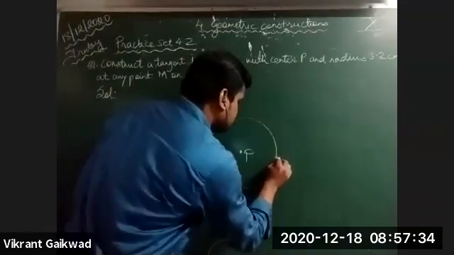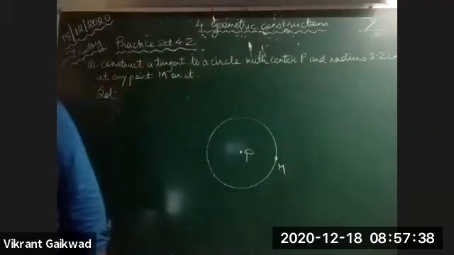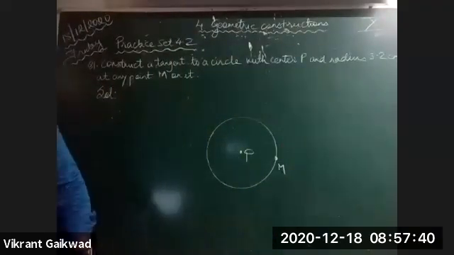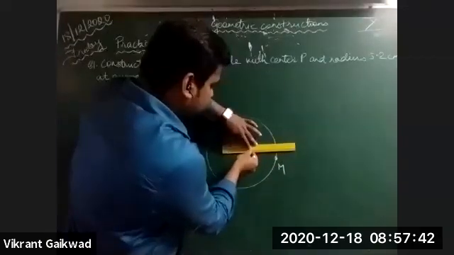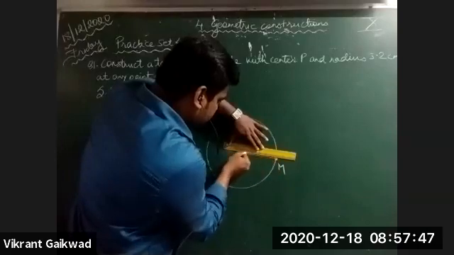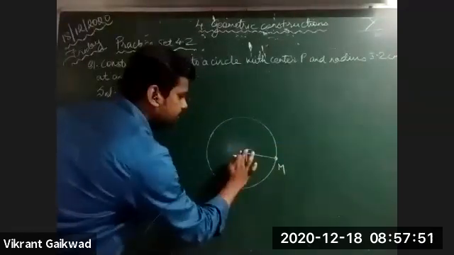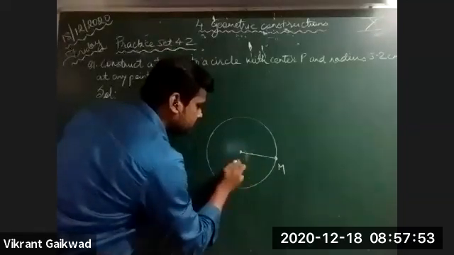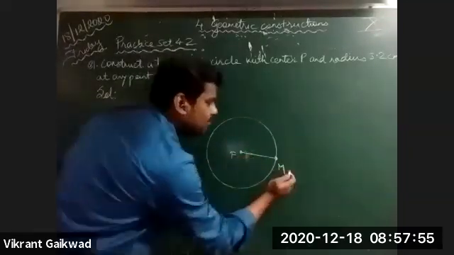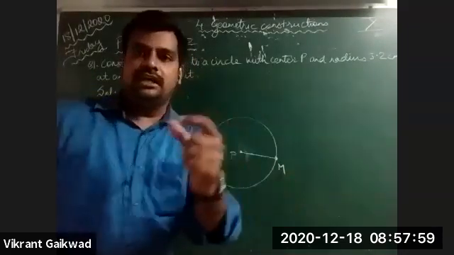So see here, I'm taking that point and I mark that point M on the circle. I'll join the center to that point. So you'll get PM. I'll just write this PM. This PM is the radius.